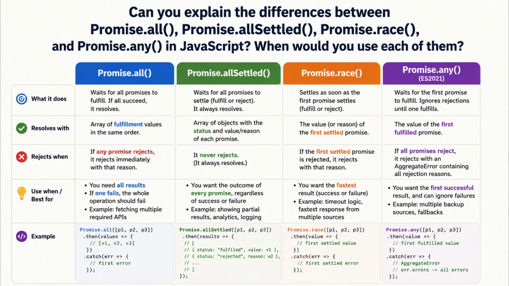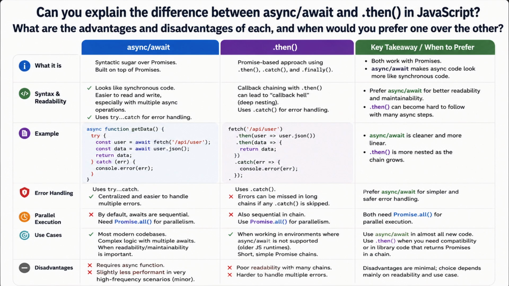I have done JavaScript, but currently I'm not recalling it. Okay, no problem. Apart from that, can you tell me the main difference between await and the then property of the promise?